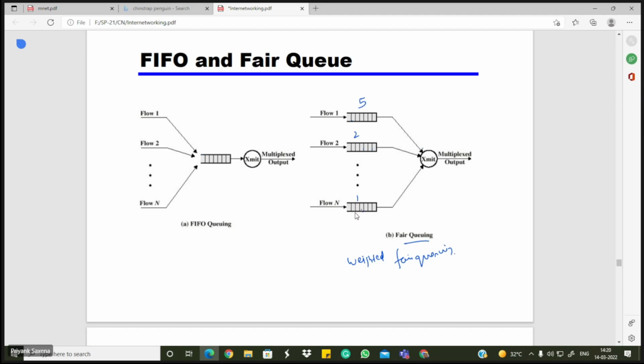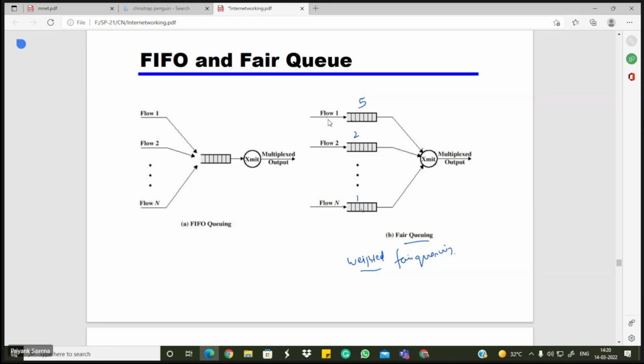This traffic is, you can say, elastic traffic, and these are non-elastic traffic. So here this is high volume and of higher priority, so I have assigned a weight of 5. Once this fair queuing is modified to weighted fair queuing and operates in the round robin system, it will take 5 packets from flow 1, because this flow is excessive.